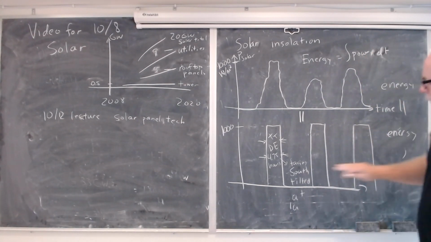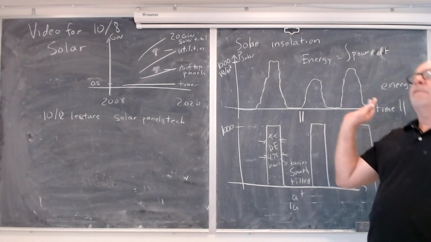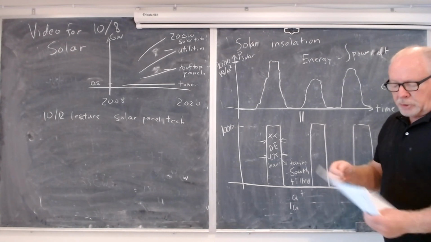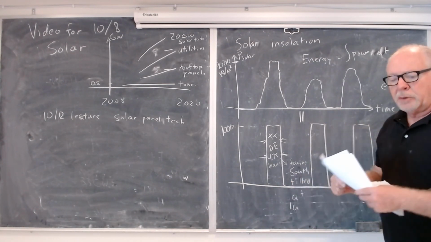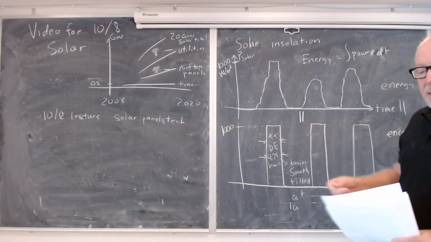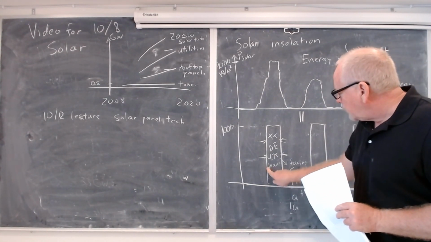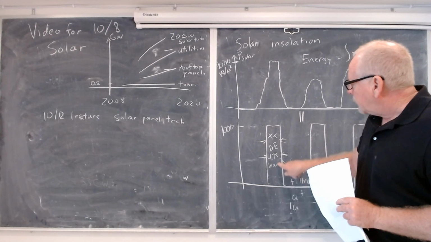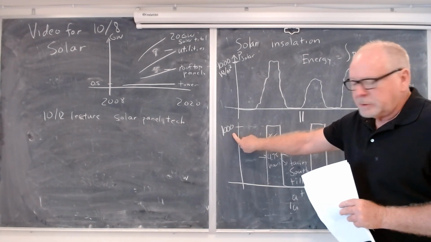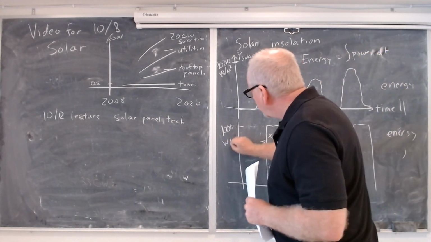And if you can't do that, if you lay flat, there's other charts for it. So you can use these charts to figure out, for a given geometrical configuration of your panels, the equivalent time the sun is shining at 100%, at 1,000 watts per meter squared.